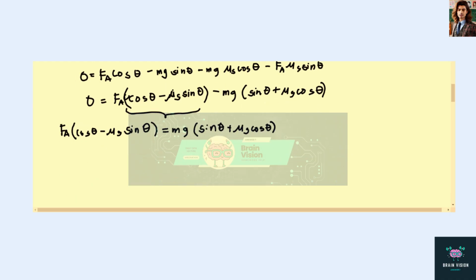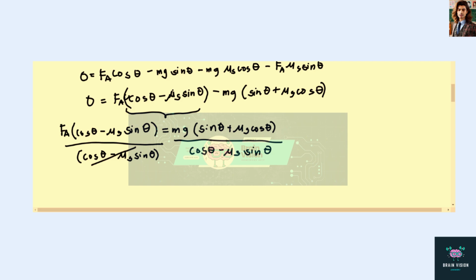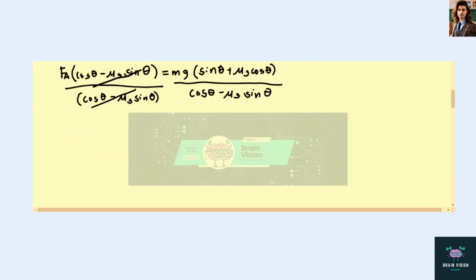Dividing both sides by this quantity to isolate F sub A, we have F sub A equals mg multiplied by this quantity, sine theta plus mu sub s cosine theta, over cosine theta minus mu sub s sine theta.